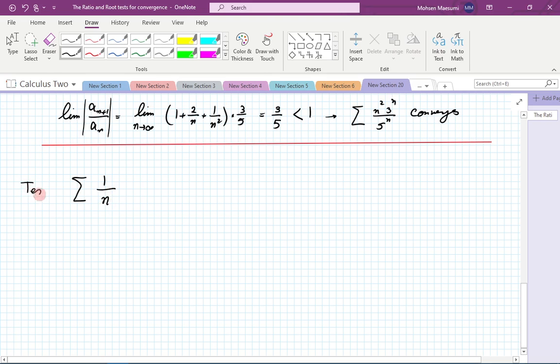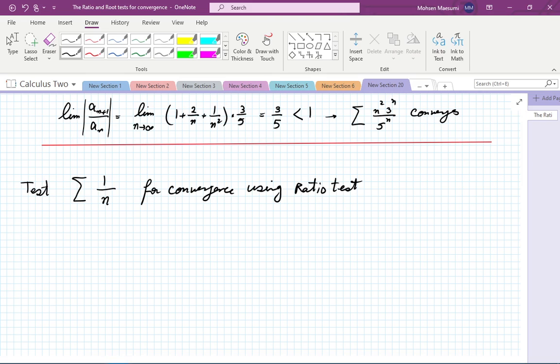Test the series sum of 1 over n for convergence using the ratio test. Well, there we don't see much of a multiplication here, so the ratio test is not such a great idea for this kind of situation, but let's see what happens.